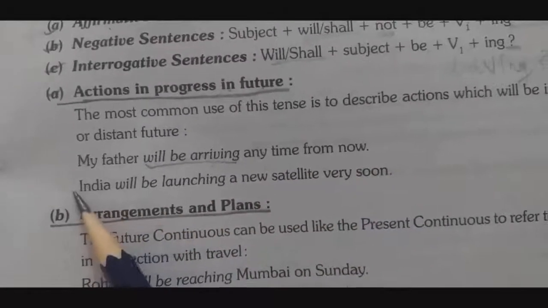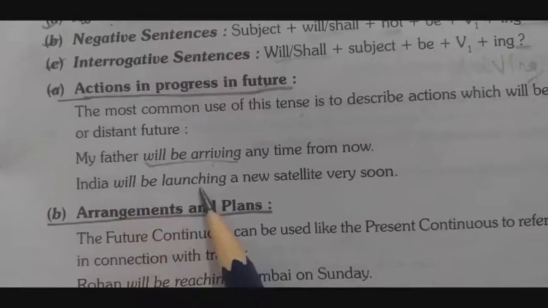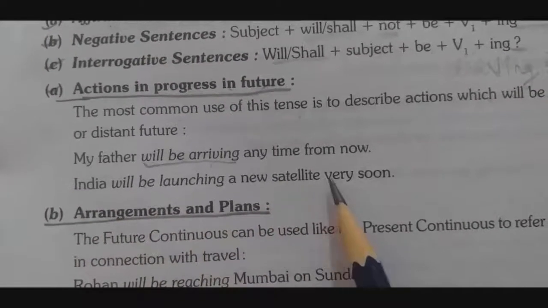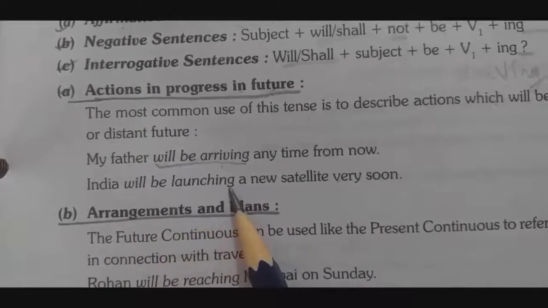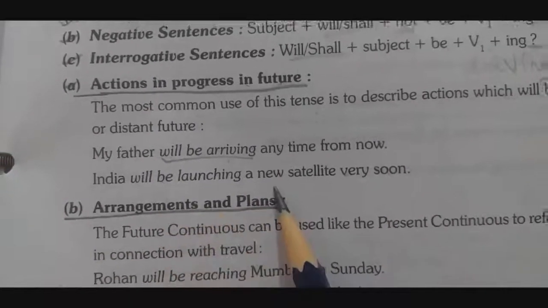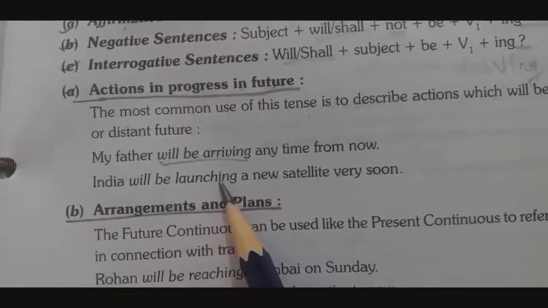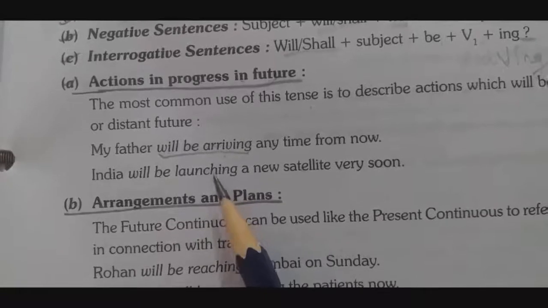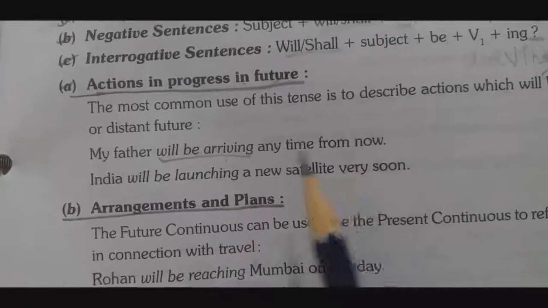Example number 2. India will be launching a new satellite very soon. India बहुत जल्द एक नया सैटेलाइट लॉन्च करेंगे. Okay, करेंगे, that means in the future tense. It is in the continuous. Fine.